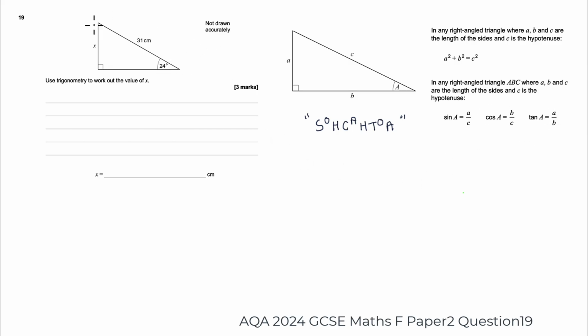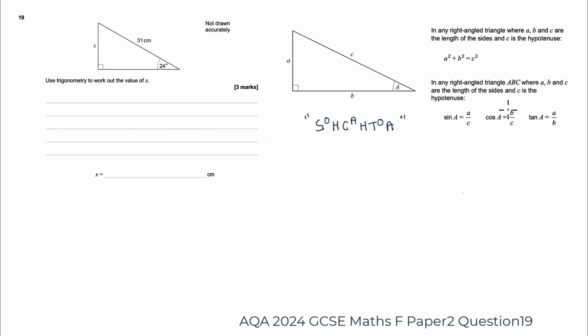So let's look at this triangle. There's the 24 degrees. The opposite side is x, which is what we're trying to find, and the hypotenuse is 31. So we're involving the opposite and the hypotenuse. Opposite and hypotenuse. That would involve sine.